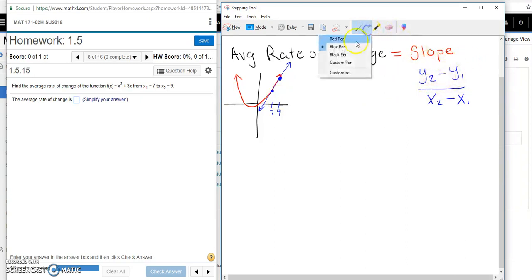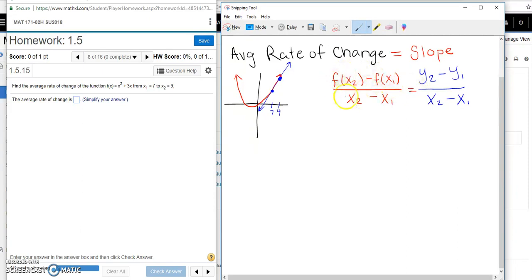So that's why the book writes it this way. Okay, instead of writing the y values, they write this. Remember, that just means plug in x2 into the function. Plug in x1 into the function. So that's the same thing. These formulas mean the same thing.